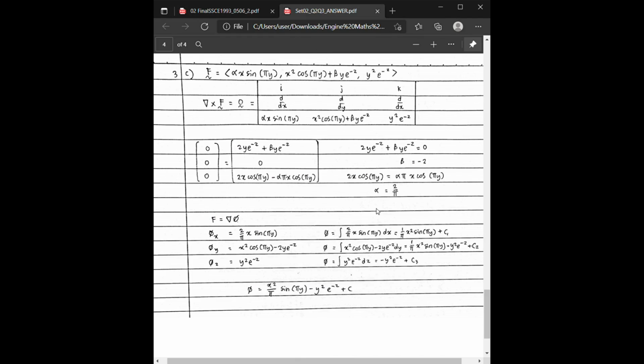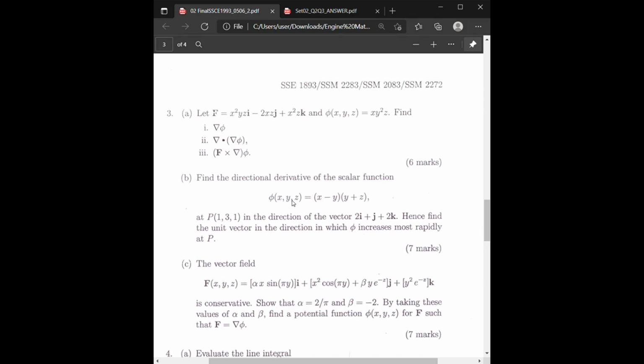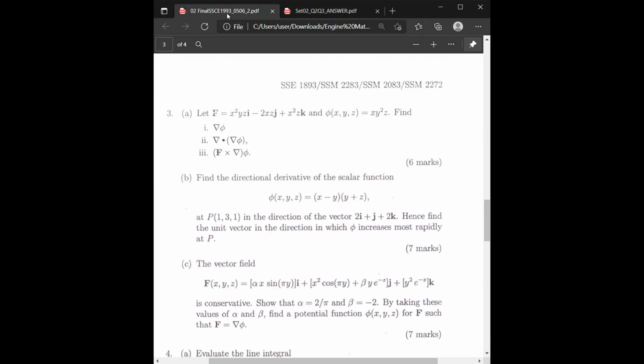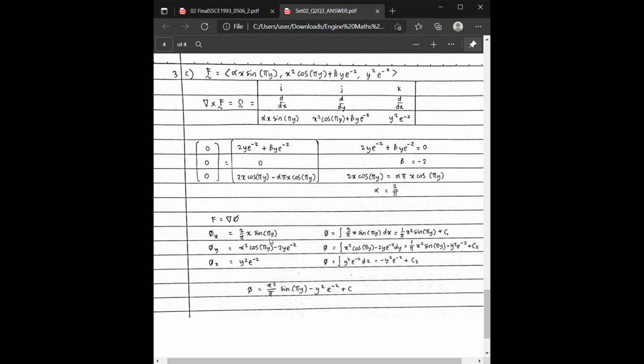So we have already shown that. After we show that, to find our potential function, we can take our gradient x, gradient y, and gradient z, and compute the equation. So we get this: the potential function for F, where F is equal to del of the potential, is x squared over pi sine pi y minus y squared e to the power of negative z plus c.